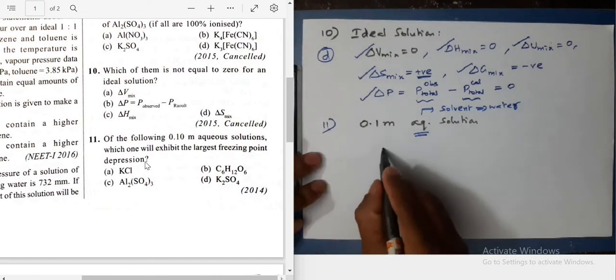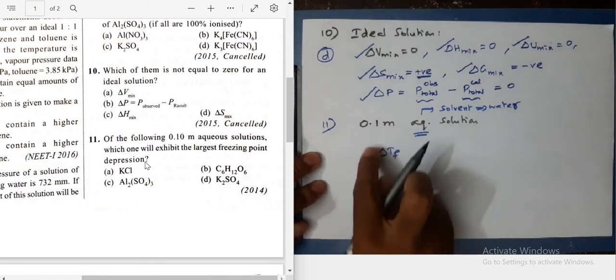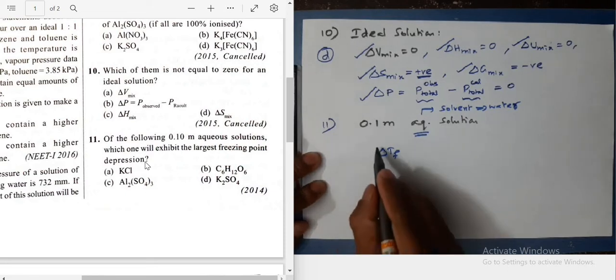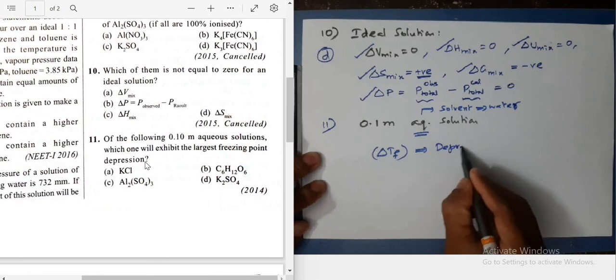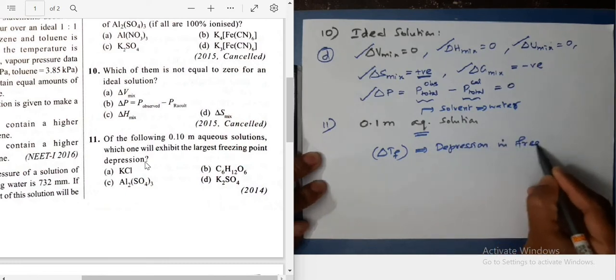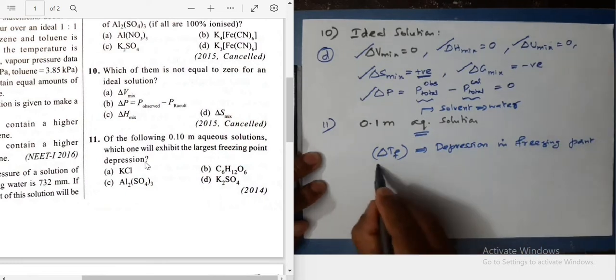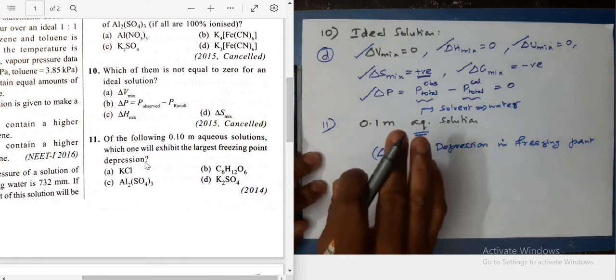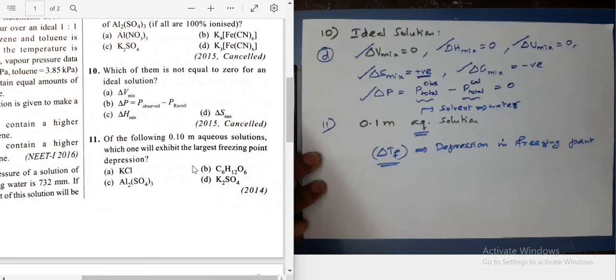Okay, you know very well, delta Tf is called depression in freezing point, also called freezing point depression. In this question they are asking which one has the largest delta Tf among the four.